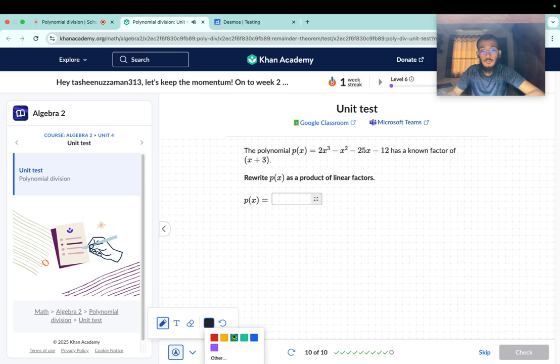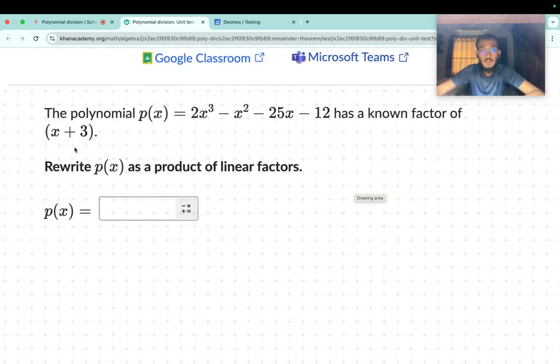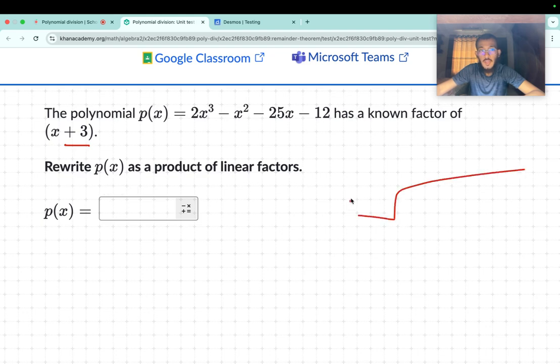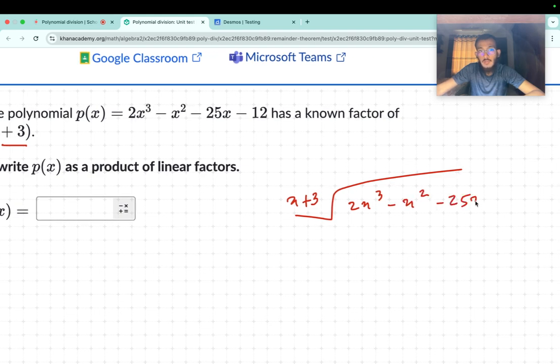For the last one, the polynomial has a known factor. What is the product of linear factors? We know that x plus 3 is a factor of 2x cubed minus x squared minus 25x minus 12. So I select 2x squared. This is 2x cubed, and plus 3 times it gives 6x squared.